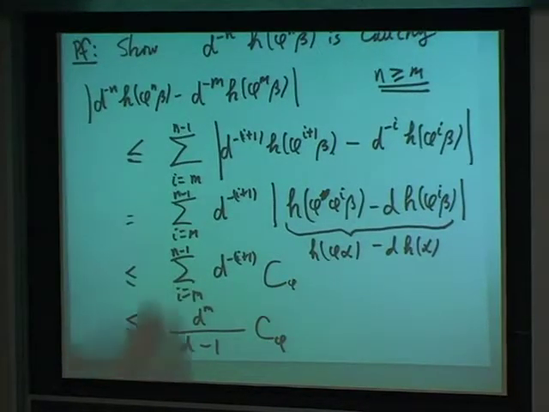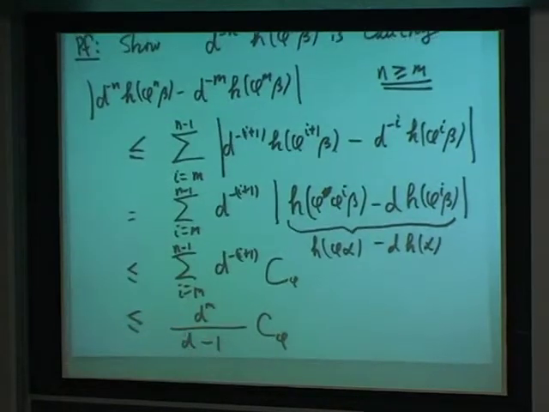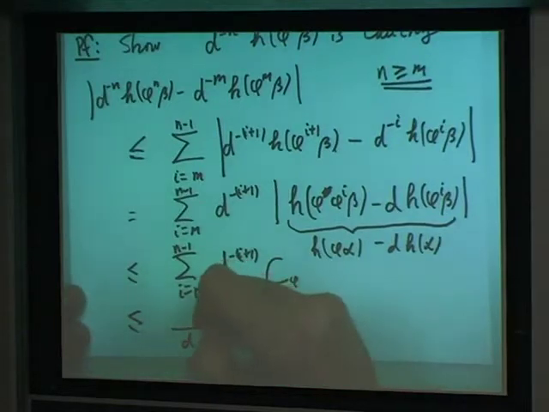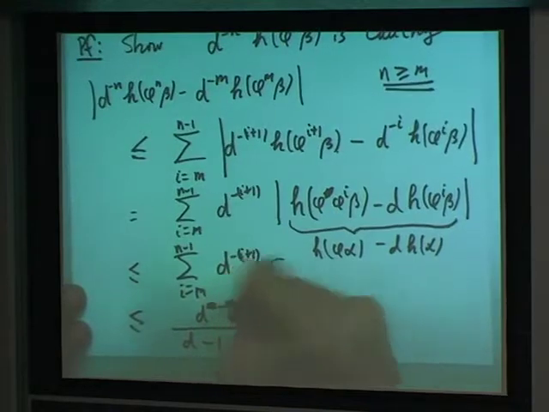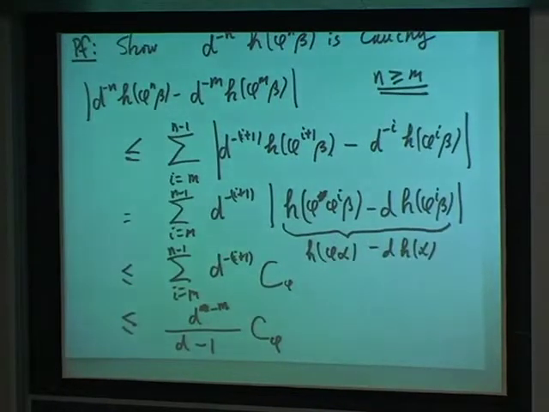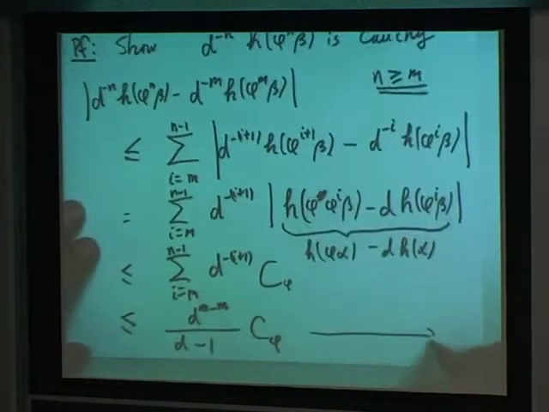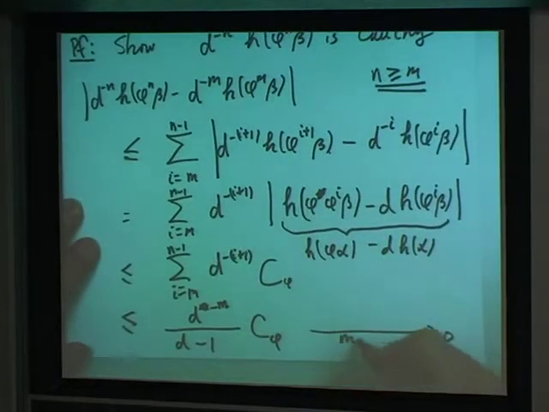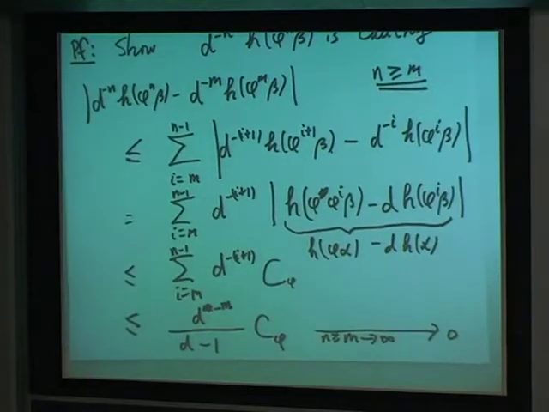This is what happens if I let n go to infinity, I get something a little bit bigger. Oops, sorry, there's a minus sign there. Did you catch that? Yeah, d^(-m). And so this goes to 0 as m goes to infinity. n, of course, is greater than or equal to m. And that shows that the sequence is Cauchy, because as n and m go to infinity, the difference goes to 0.